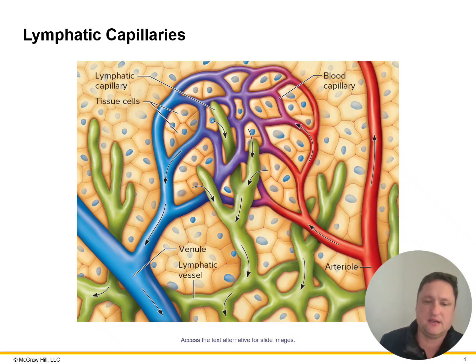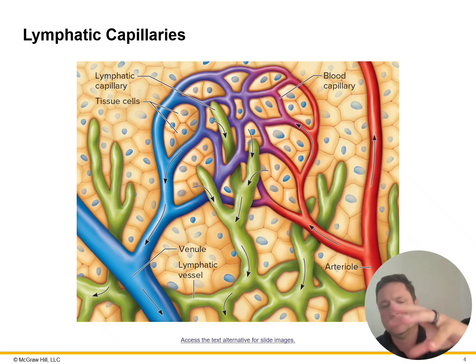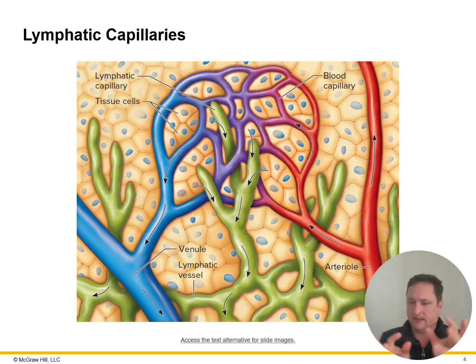Okay, so here's a zoomed in picture of the lymphatic capillary. So what we have here is the venule and the arteriole, which is very similar to the microscopic picture of capillaries we saw in the last chapter when we saw the green lines underneath. Well, now we're seeing what those green lines are.